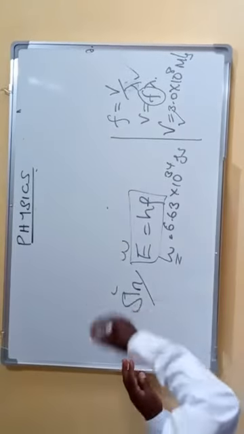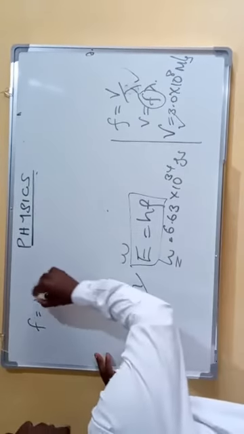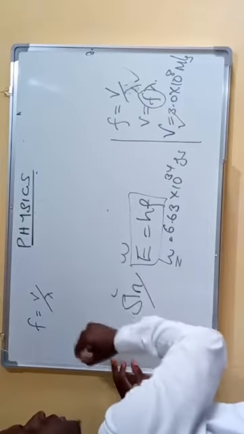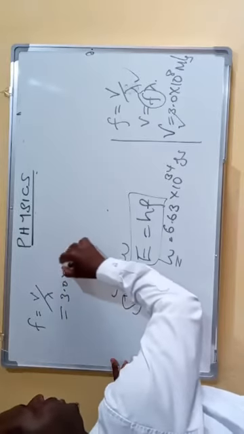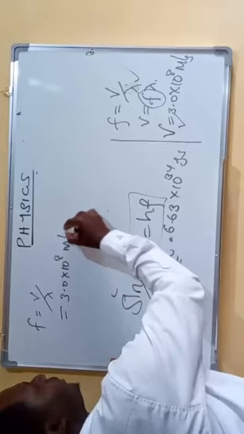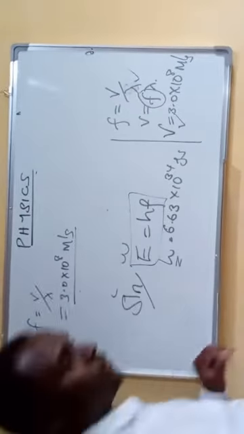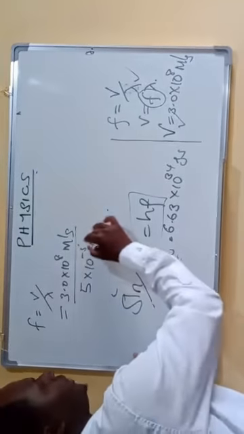Now, our frequency will be given by v over lambda. Then we have 3.0 times 10 to the power 8 meters per second divided by 5 times 10 to the power negative 5 meters.